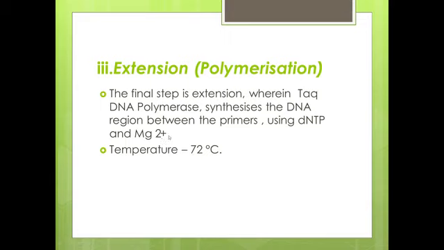So when magnesium dipositive is present in the reaction medium, it is only then that DNA polymerase will synthesize the new strand, and the temperature for extension is 72 degrees centigrade. That is, the reaction mixture which was earlier kept at 52 to 60 degrees centigrade at the time of annealing is slightly raised to 72 degrees centigrade, which is the optimum temperature for extension of the DNA.